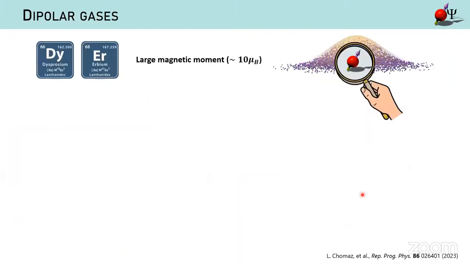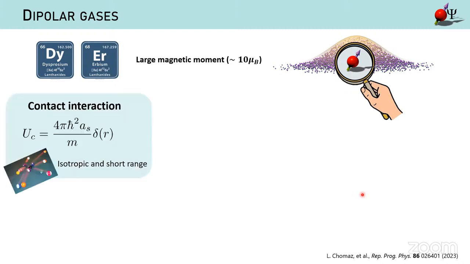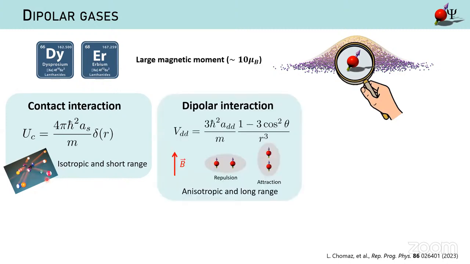As I briefly mentioned at the beginning, we work with atoms like erbium or dysprosium that have a large magnetic moment. And so when you consider a many-body system made of these atoms, they behave like small magnets. They interact not only via the short-range and isotropic contact interaction, which you can imagine like some type of billiard ball interaction, but also through the long-range and anisotropic dipolar interaction.